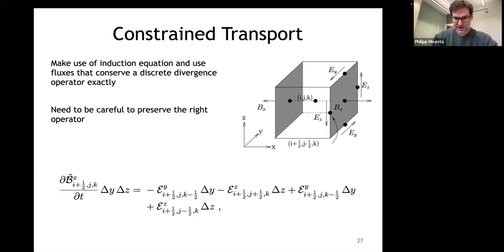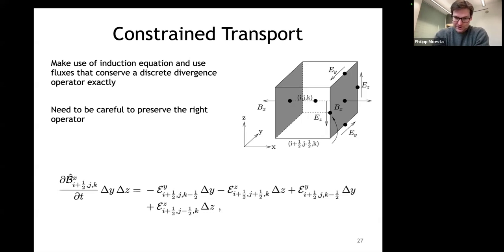The magnetic field, because it's coming from the Maxwell's equations, naturally lives at the cell face. And then the evolution equation for that essentially involves the fluxes, which are the electric field along the edges. This is what you see in this little diagram at the top, where the locations of these different quantities are defined, where exactly they live on the cell.